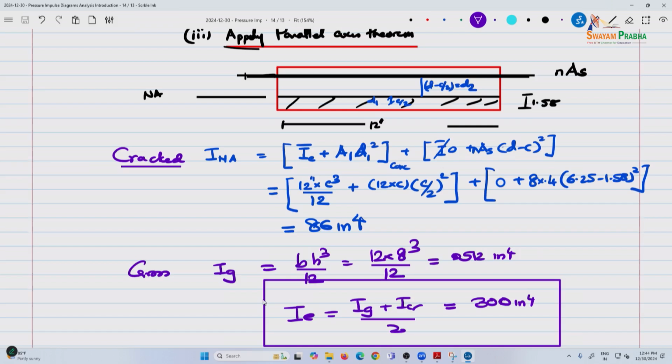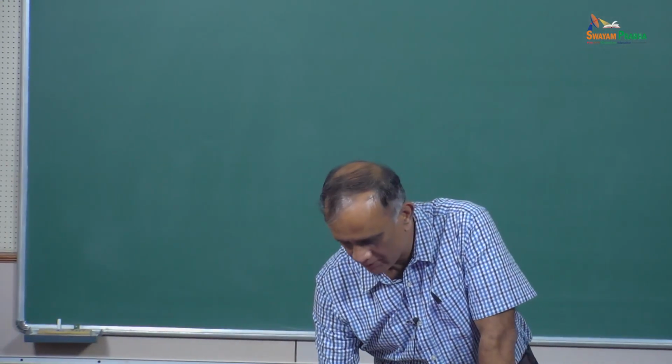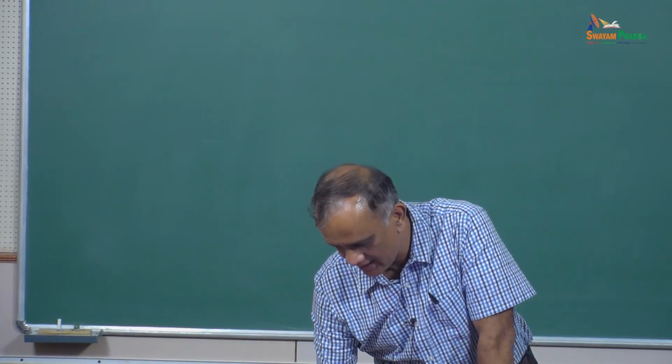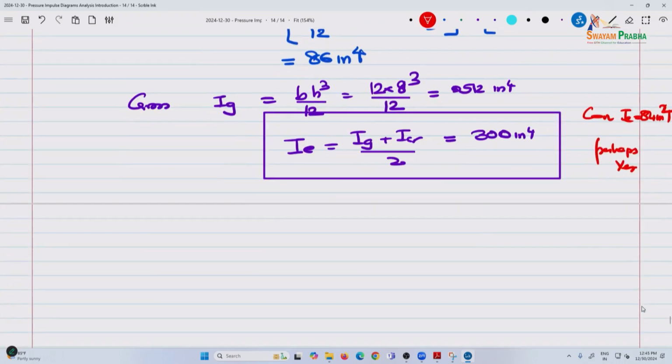You can try it out and see. Nobody is going to question that. Those are some practical decisions you have to make. Can I_e be equal to 84 inches to the fourth? Perhaps yes. What I would recommend in this case is, if I were doing it, I would check both, check my deflections, go through the procedure twice, come up with my own judgment.